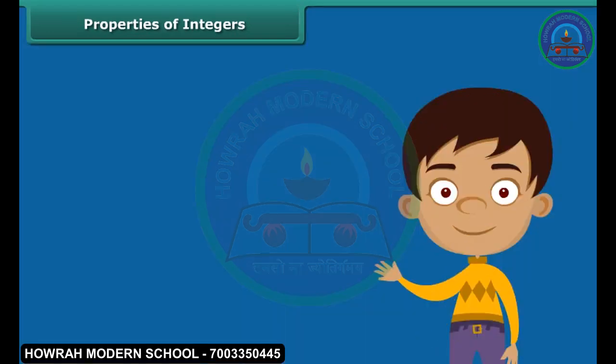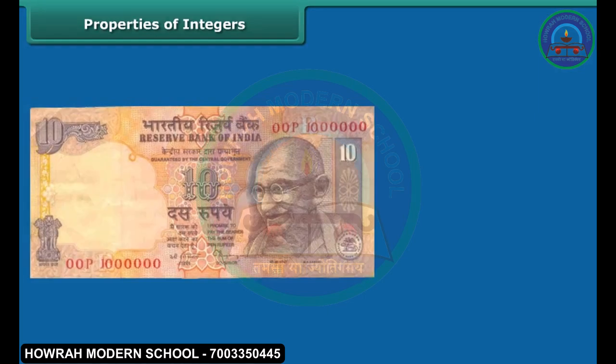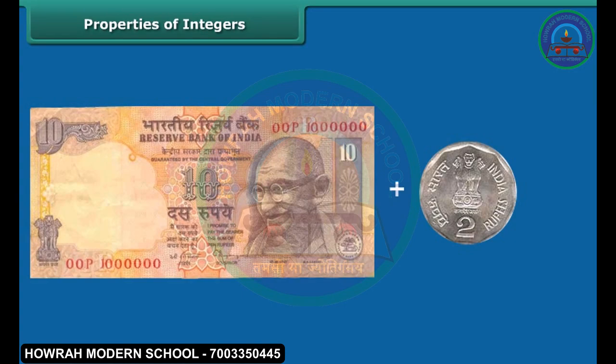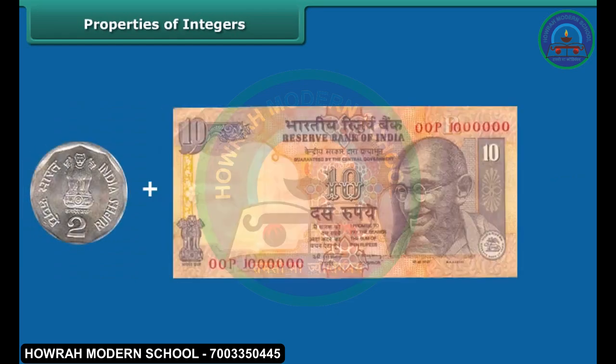Let's now move towards another property, that is commutative property. This is a 10 rupee note. If we add one coin of 2 rupees in it, we will get 12 rupees. Now take a coin of 2 rupee and add one note of 10 rupee in it. Again, we will get 12 rupees.